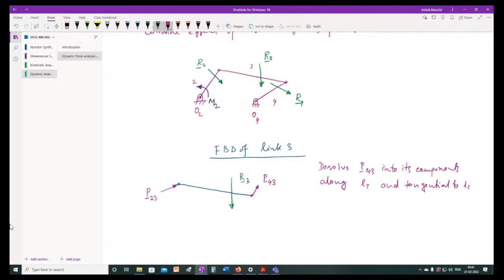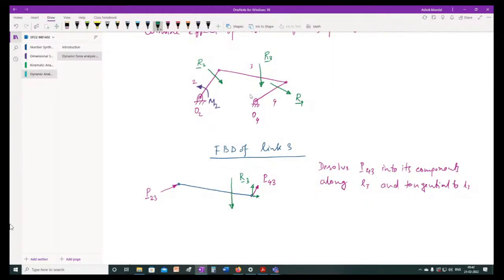So if you do that, suppose there is a component along this direction, and similarly we'll have a component along this direction.